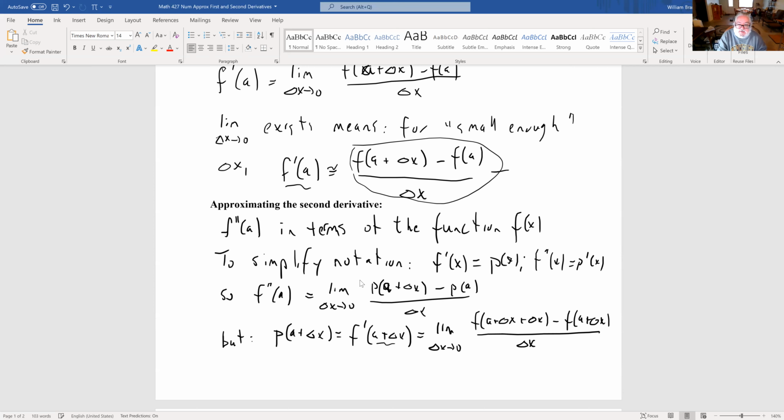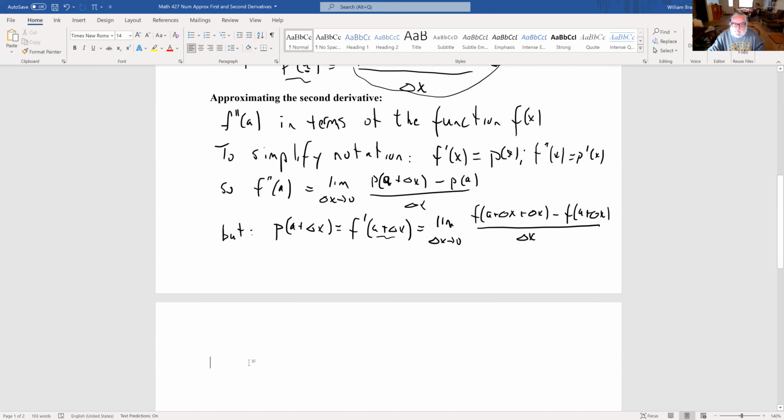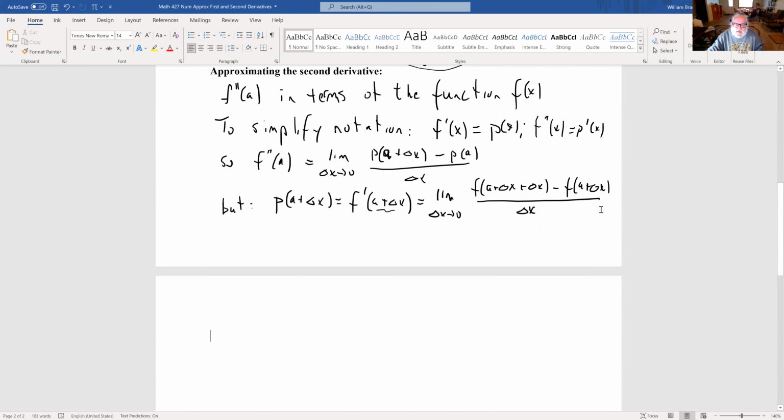Right? And that's just using this again, but I've put a plus delta x in for my a everywhere. And we also need p of a.